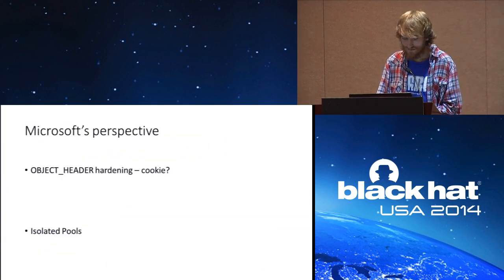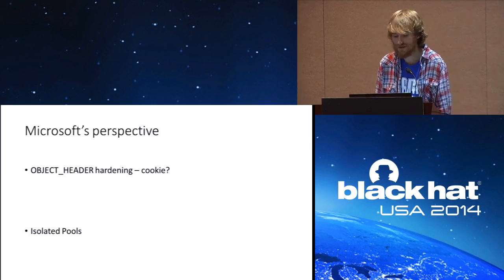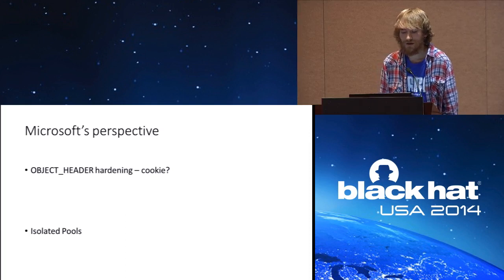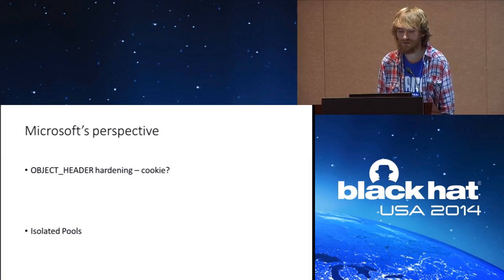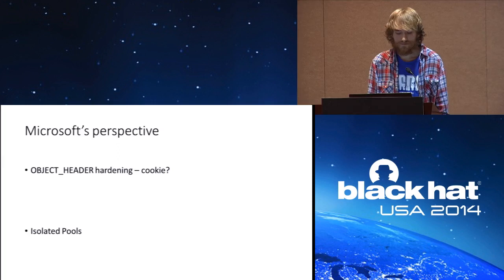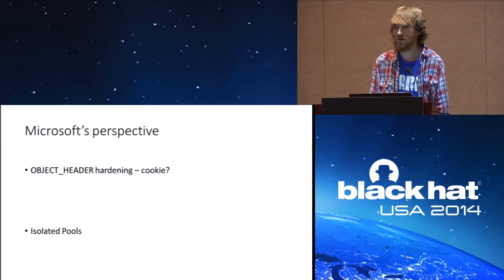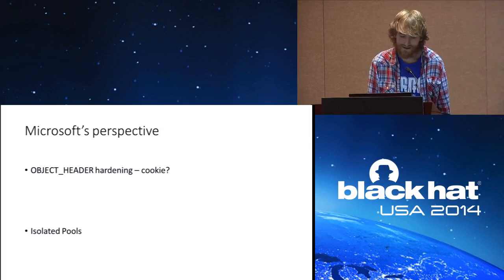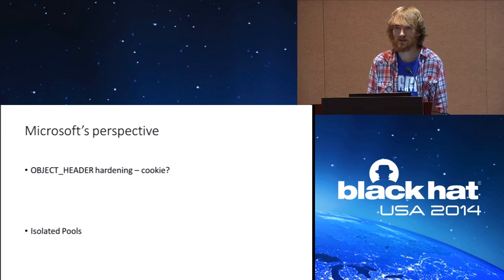And in fact, sometimes to do that, you need another vulnerability. Talking about Microsoft, maybe they could inject a cookie in the object header and check every access to the smashed object, checking the cookie, the same as a stack canary. But in my opinion, the best way is what Microsoft recently did for user mode, the isolated heap for IE. What if they made the same for kernel isolated pools?